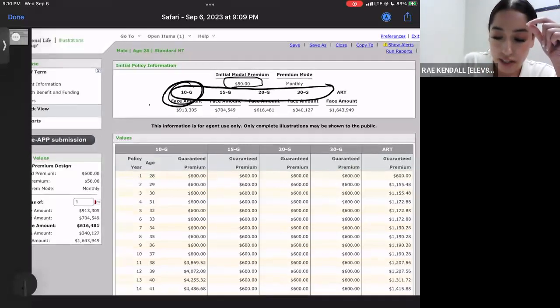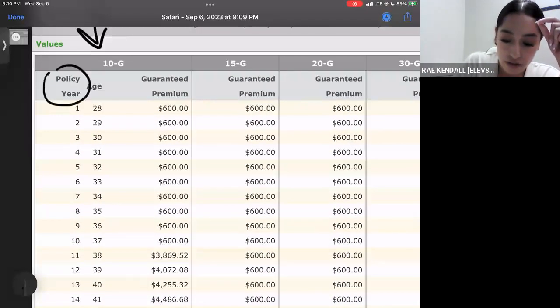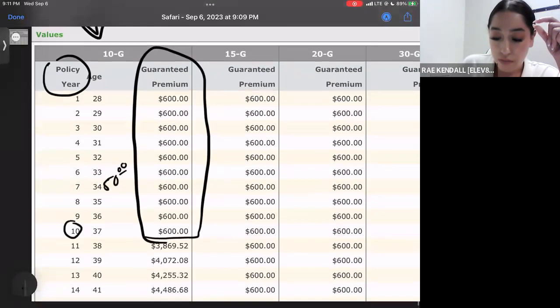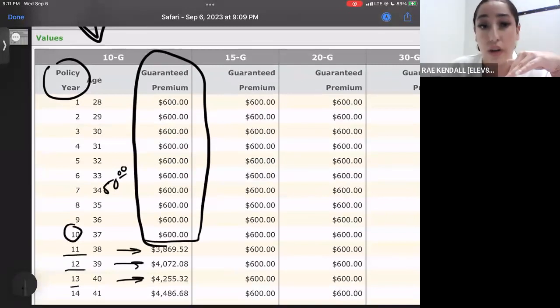So let's go down to 10G. This is the year, right? So if we go to 10, we notice for the 10 years that this policy is locked in, it was indeed $50. But look at year 11, 12, 13. These policies can actually last all the way to 121.